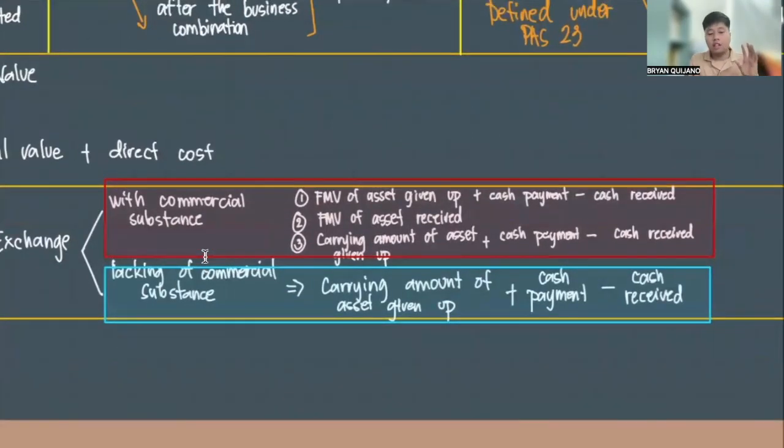Then, if the transaction lacks commercial substance, then you will only use the third priority, which is the carrying amount of the asset given up plus cash payment less cash received.